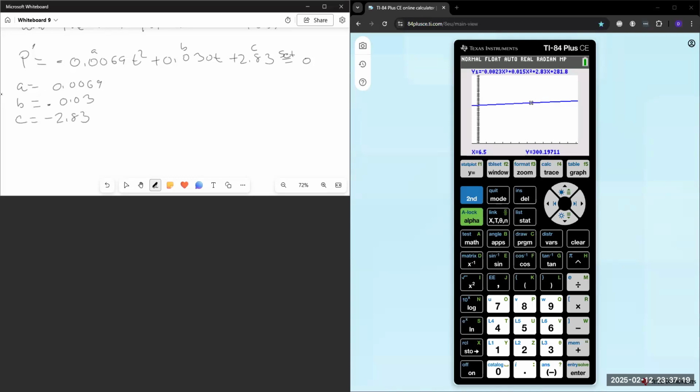That just makes my life easier. So t is going to be negative B plus or minus the square root of B squared minus 4AC, all over 2A.